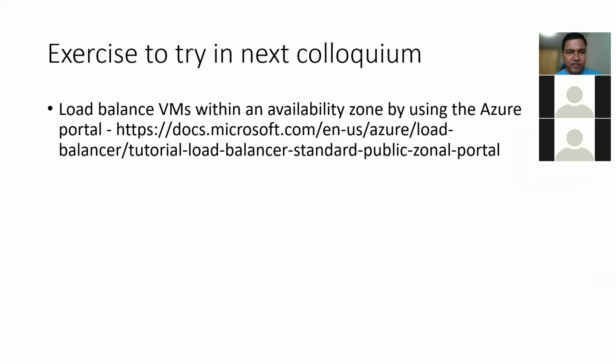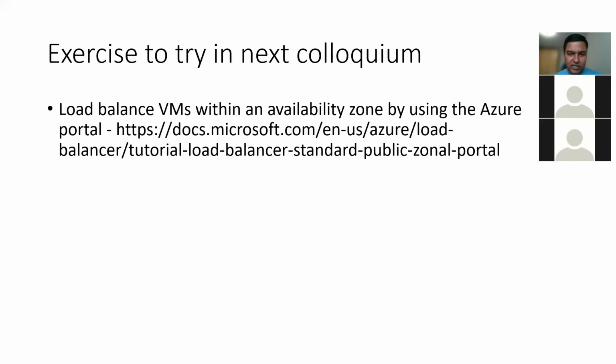So in the next colloquium, there are many tasks related to various Azure services. One of them is how to balance virtual machines within one availability zone, like in the last week or this week, you had probably done availability zones, and how to balance the load of 2-3 virtual machines within one availability zone.